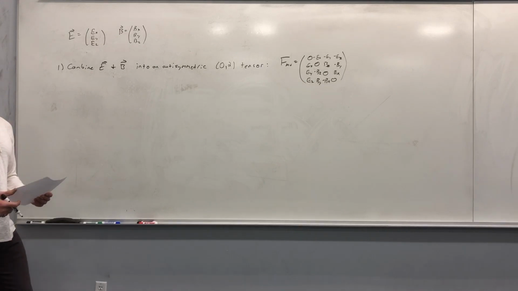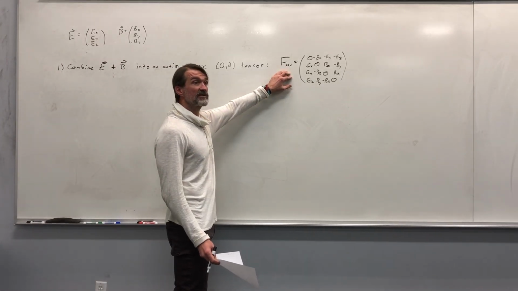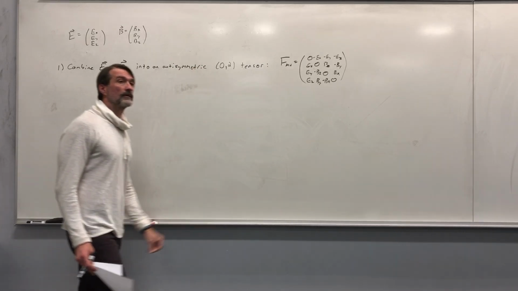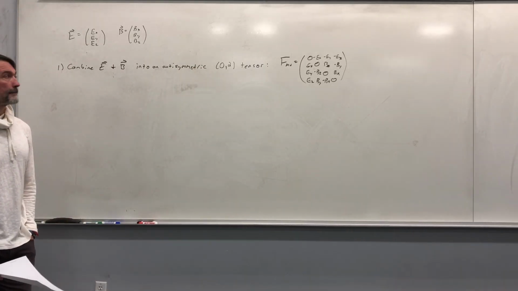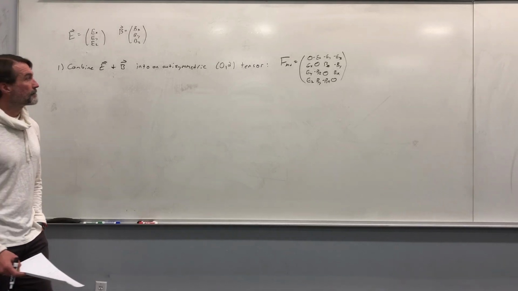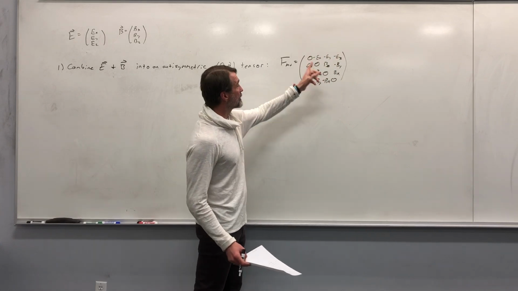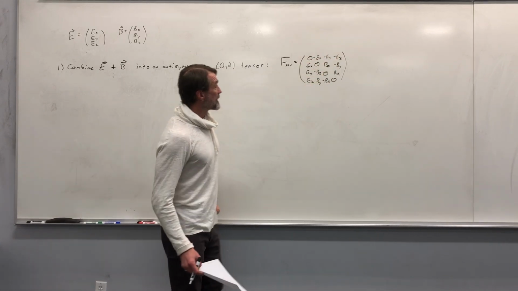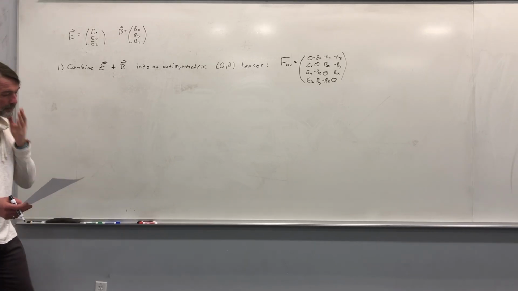Look at that, it's 4 by 4. This is obviously something which is well defined in 4-dimensional space-time. It's anti-symmetric. If I flipped it over the diagonal, I'd get back minus what I started with.